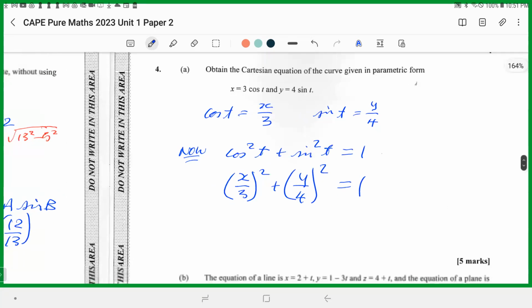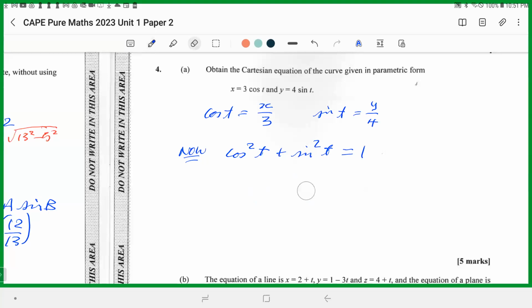That's a Cartesian equation, where you eliminate the parameter. t is a parameter. That's the way to do it when you have trigs.